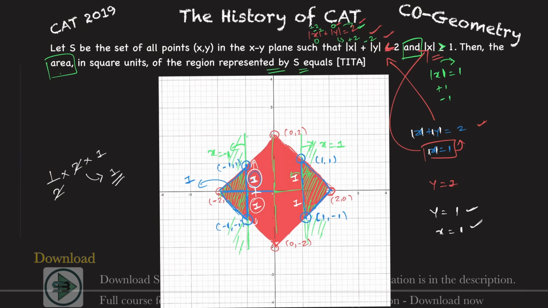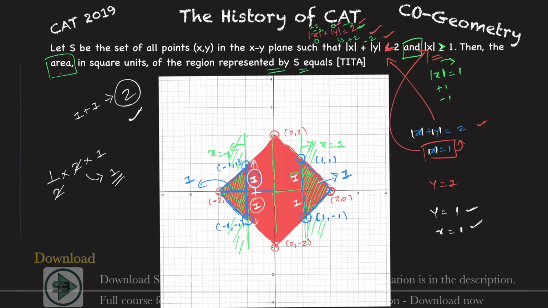So the area of this green triangle is 1, and so the area of this other green triangle will also be equal to 1. So overall the area will be 1 plus 1, that will be equal to 2. 2 is my answer, because I want the area of this region.